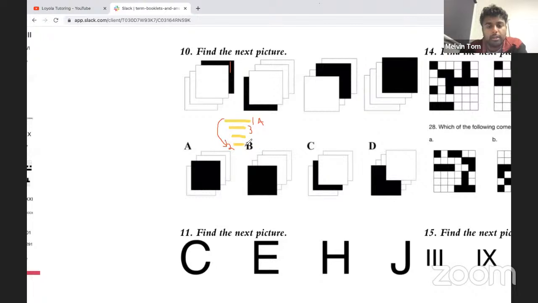Then to 3, it goes 1, 2 moves. Then 3 to 4, it goes 1 move. So it did 1, 2, 1. What comes next then, guys? 2. 1, 2, 1. The next one should be plus 2. Right. Good.